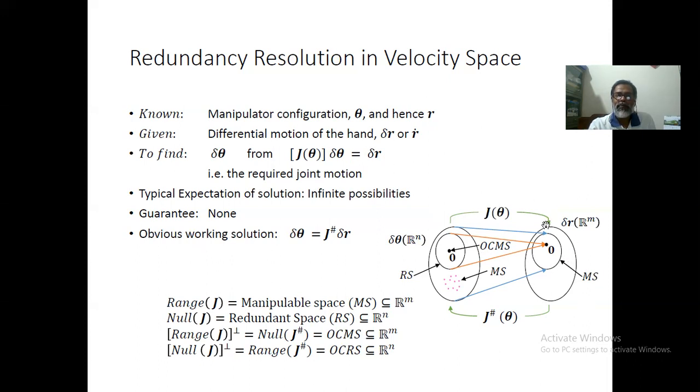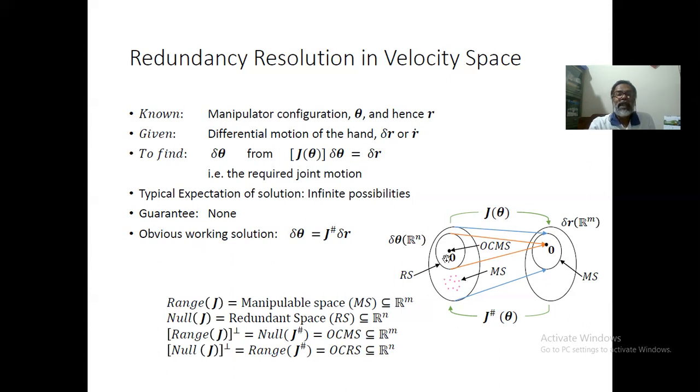In this, there will be a subspace which we call RS, the redundant space, which maps to 0. That is the null space, and that is why there are infinite solutions, because there is a non-trivial null space. If one solution takes you somewhere, that solution plus a member of the null space will also take you to the same point. That is why for every delta R on this side, you will have infinite solutions.